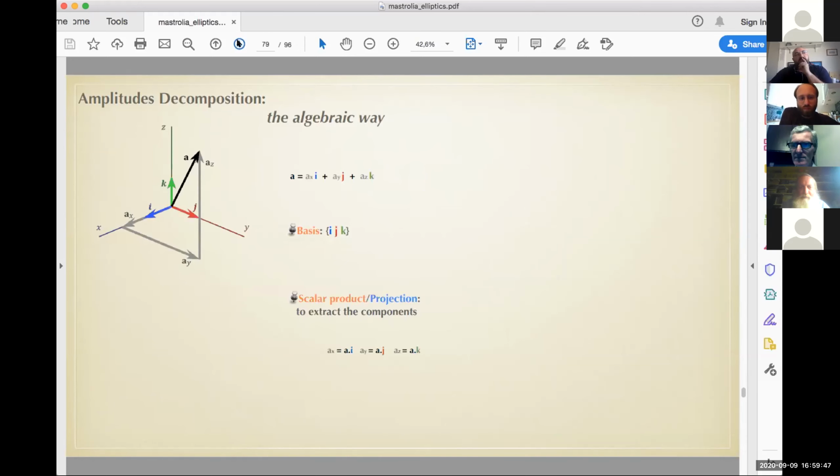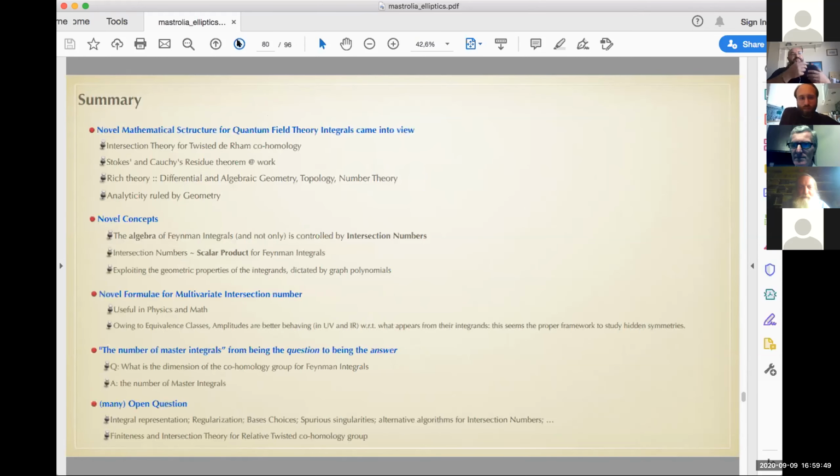So I conclude by saying that really the intersection theory seems to provide a new mathematical structure that we can apply to quantum field theory, where the analyticity properties of the integrals are really ruled by the geometry, and in particular by the manifold associated to the graph polynomial of the diagram.